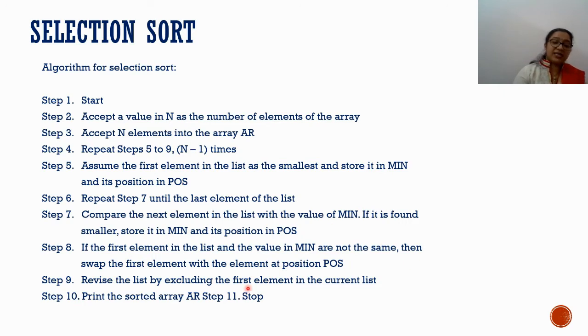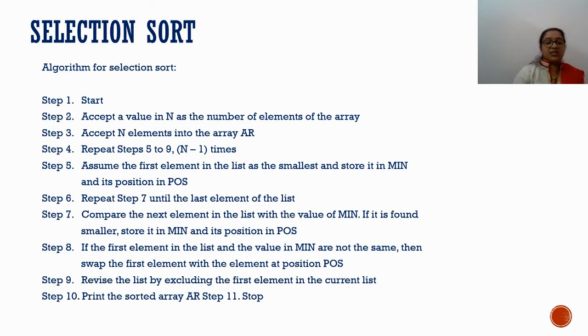So again revise the list by excluding the second element. This process will continue n minus 1 times. Understood? Now at the last, we want to print all the elements, then stop. Understood now? This is called selection sort.